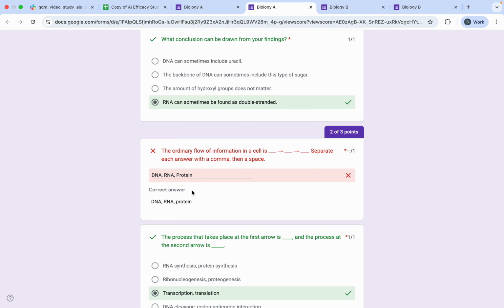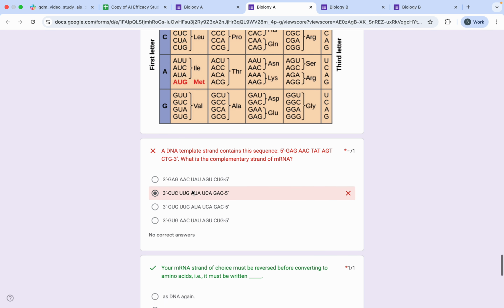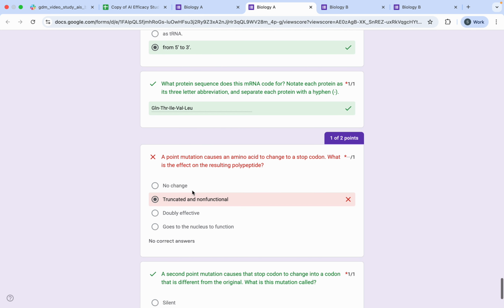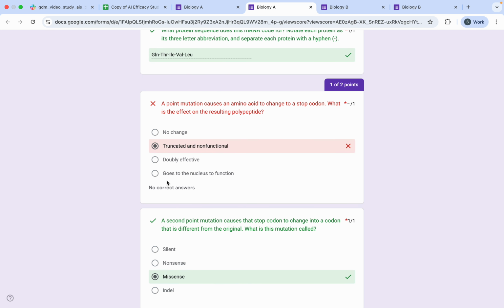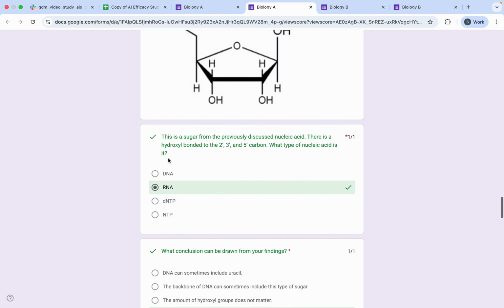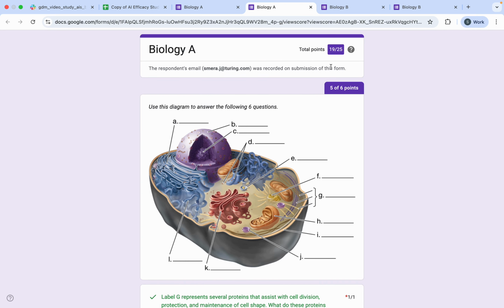So this is also the right one. Okay. Anyway, we have scored better compared to our pre-test.